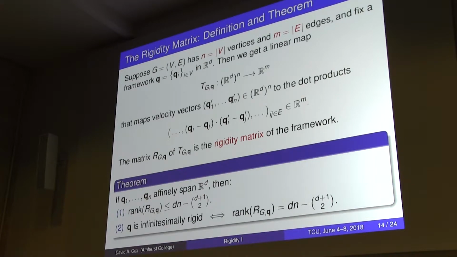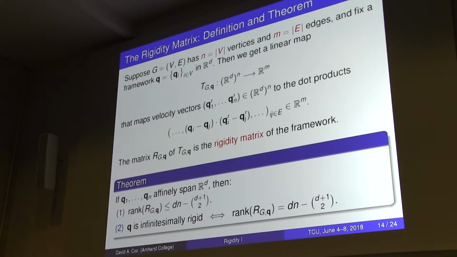It says that if my framework affinely spans R^d, then I have an upper bound for the rank of the rigidity matrix. And if I'm infinitesimally rigid, then that bound becomes sharp. I've put that theorem on the board because I'm going to want to refer to it a couple of times. That's really our first theorem.